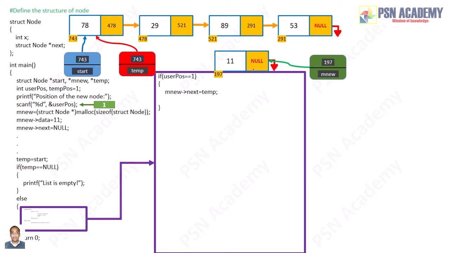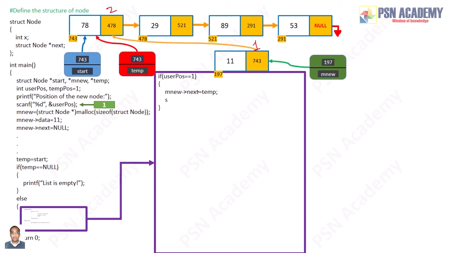So you load the next pointer of the mnew with 743 and the null pointer here vanishes and it starts pointing to the node at 743, which is the first node. Now as soon as this node starts pointing to the first node, the first node becomes the second node and this one becomes the first node.